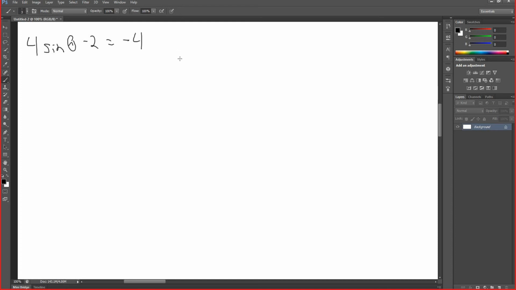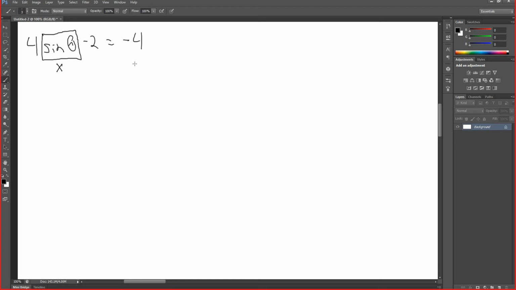There's pretty much no difference from what I just did to what we should be doing here. The one thing that's different is that instead of having a variable, we now have a trig function, which we can honestly pretend is a variable to start. That's all the rest of 6.6 is going to be: taking your trig function and treating it like a variable and then plugging it back in later.